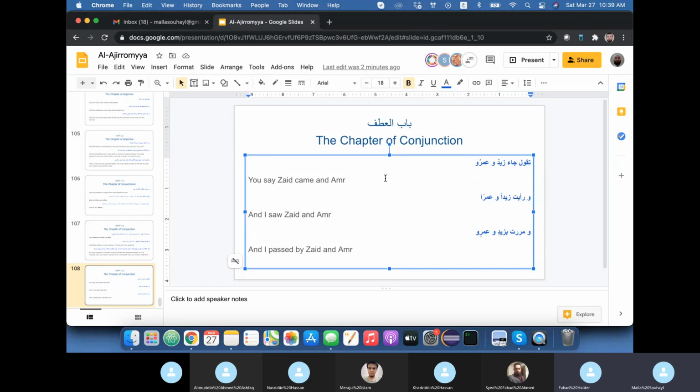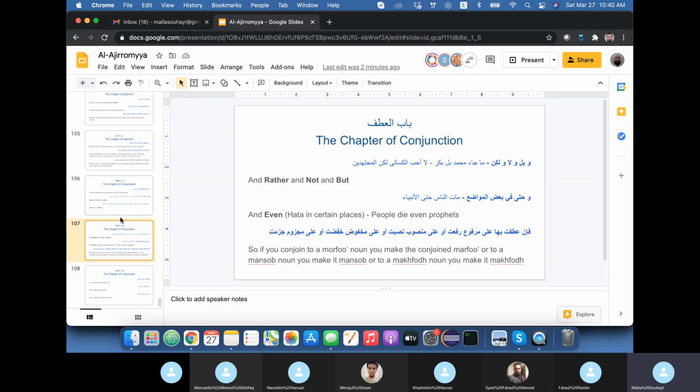Just another quick question. Didn't we study that hatta means until previously? That's why the author says, and even, hatta, in certain places. So hatta can have different meanings. Sometimes hatta can mean until, sometimes it can mean even. It actually has multiple different meanings, which we will go over inshallah. I think we've discussed three meanings of hatta.